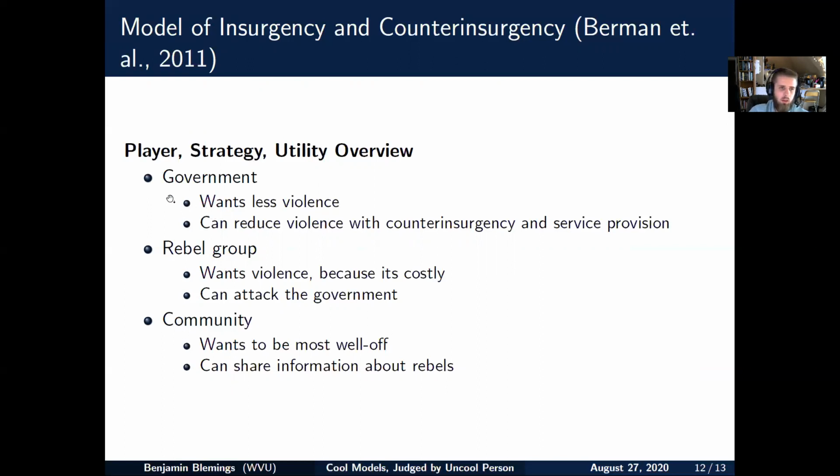The government, for instance, wants less violence, and the things it can do are reduce violence using counterinsurgency or provide services, like water projects to get piped water in people's homes. Rebel groups want violence because it is costly. They attack the government, and the community just wants to be as well off as it can, and it can share information with the government if it chooses to.